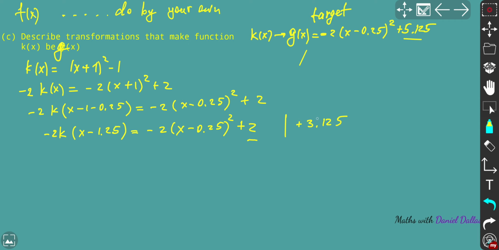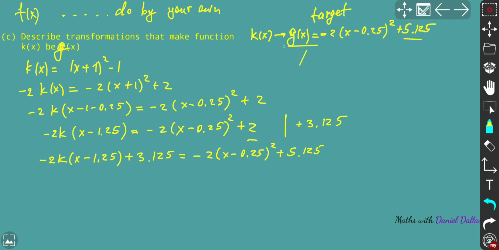We just simply need to add to both sides this value, and that's why we will get 3 125 on the left side, and on the right side we will have exactly what we supposed to have, the target function with the free coefficient 5 125, in other words the vertex.